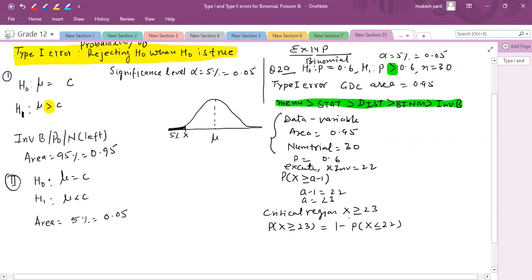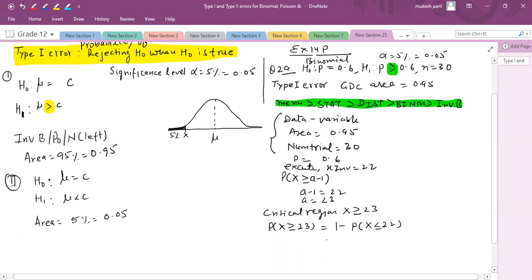Some calculators have functions to enter a lower value and an upper value. In that case, you do not need to write the 1 minus; directly you can find it by putting 23 as the lower and 99 as the upper. But since you are using the Casio, this model does not have that function, so you will have to do it this way.